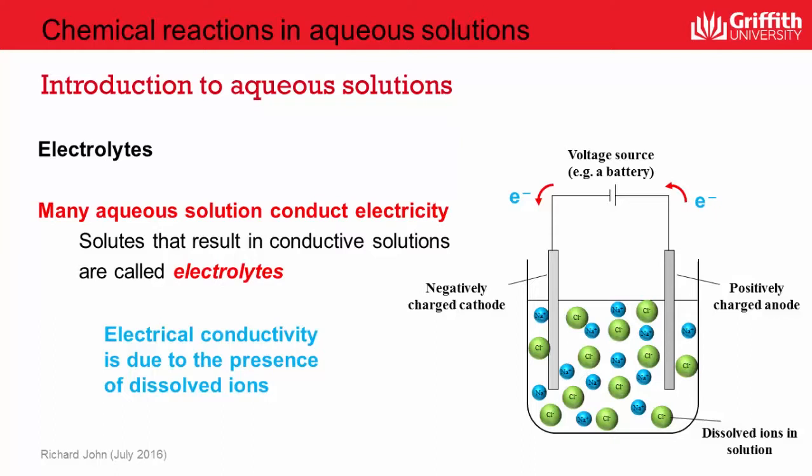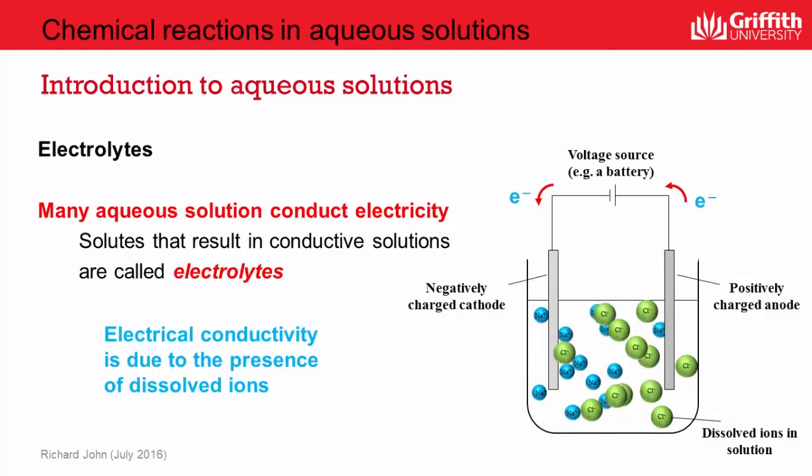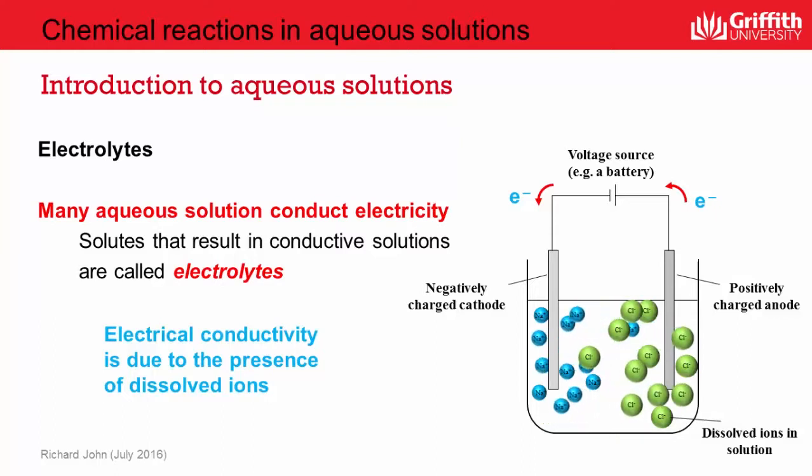In solution, however, the charge is actually being carried by these positively charged cations and the negatively charged anions. And what we see is that the positively charged cations, the sodium ions, migrate towards the negatively charged cathode in the presence of an electric field. We also see that the negatively charged anions migrate towards the positively charged anode.